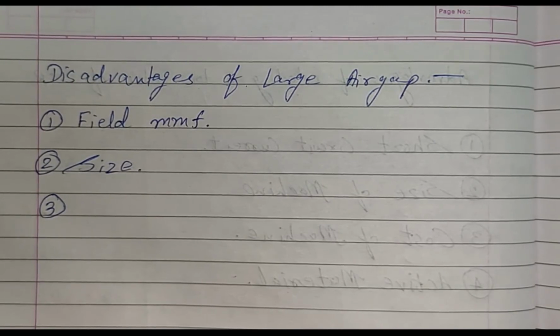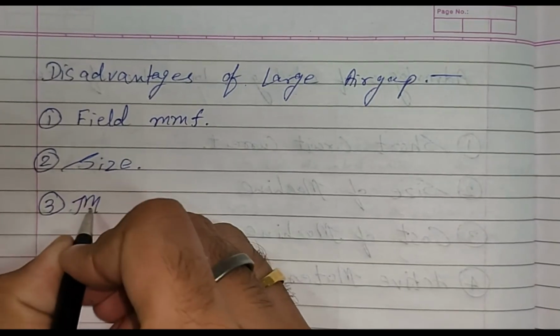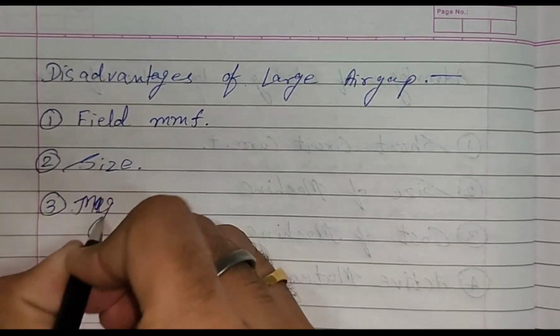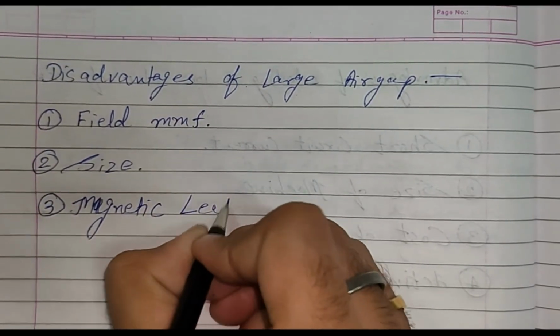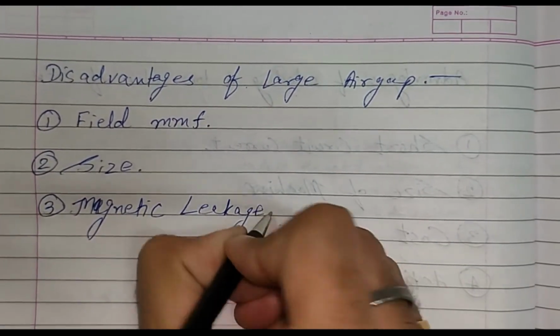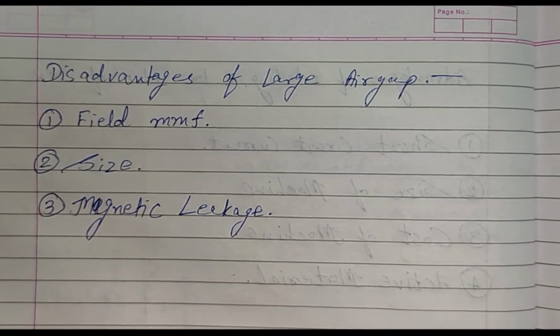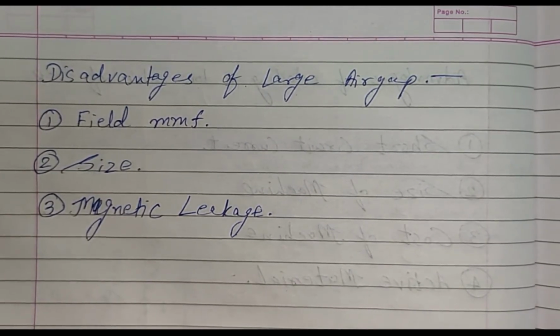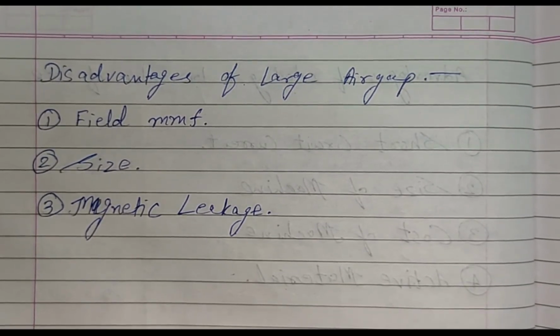Next is the magnetic leakage. So if you are having a greater length of the air gap, there would be a higher magnetic leakage in the air gap.